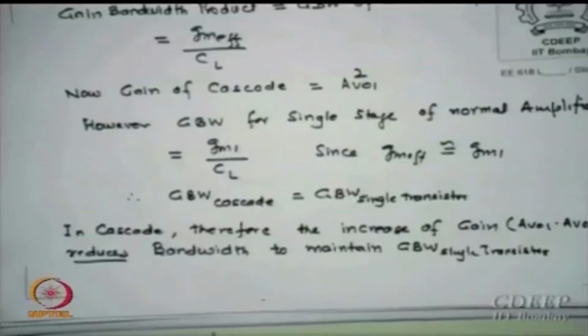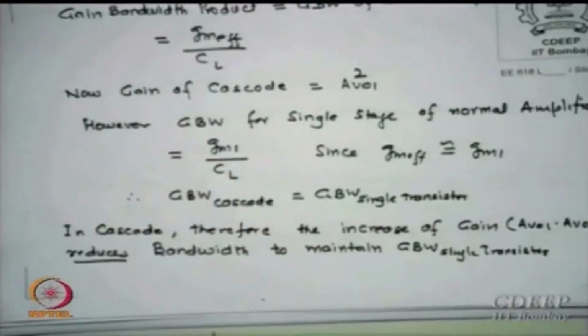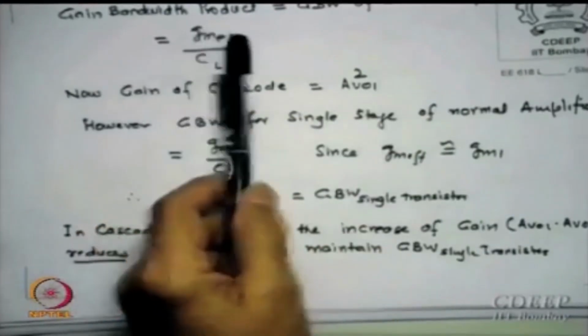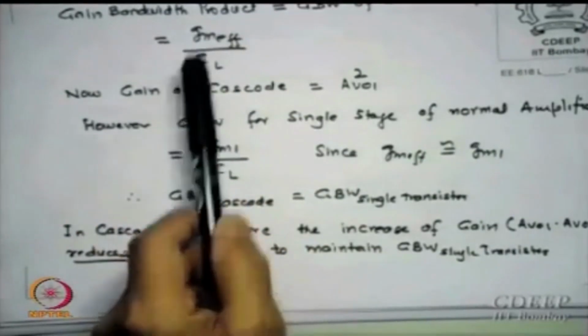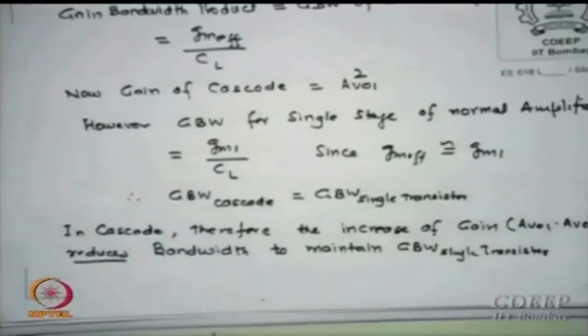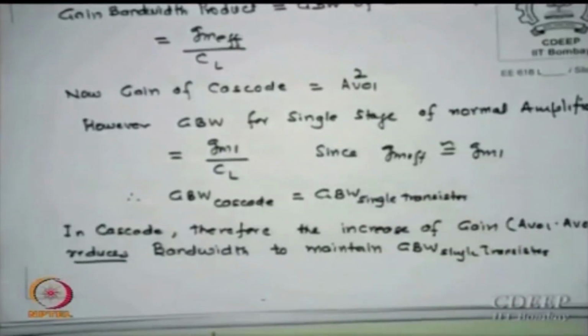This is what it is saying, the gain bandwidth product of a cascode is Gm effective by CL, but what is Gm effective? Gm1 by C effective, is that correct? C effective means CL plus any other capacitance you put there, is fair enough. The gain of a cascode is AV square, the bandwidth is Gm effective by CL, Gm effective is how much? Gm1. For a single stage the gain bandwidth product is Gm by C, because Gm1 is this, which is same as the earlier one.